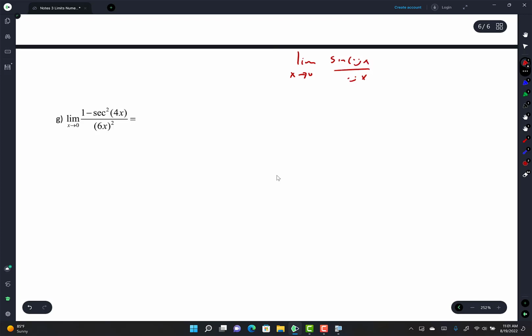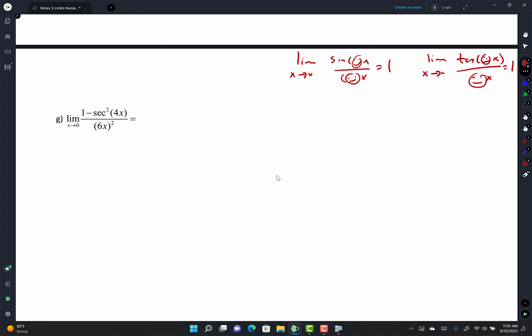We know that it's 1. And the hack, if you want to do the other one, which we're probably going to use, is tan happy face x over happy face x equals 1. Really, you can get the tan one from the sine one. But I can already see we're going to use tan on that. If you can't see that, it's okay. We're going to show you how to do it.